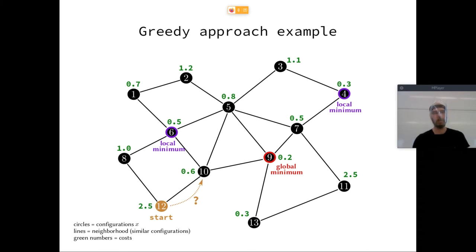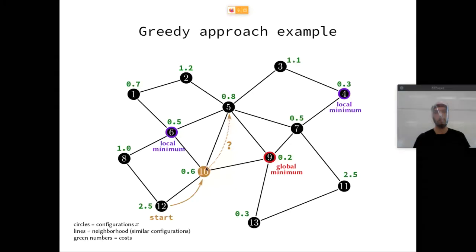So in this case, we have chosen to consider this. You compare the costs and you see it's good. So now we are here. We have changed our configuration. Now we also check all possible neighbors. We might end up in the global minimum by chance, and if we are lucky, we pick this and we are done.